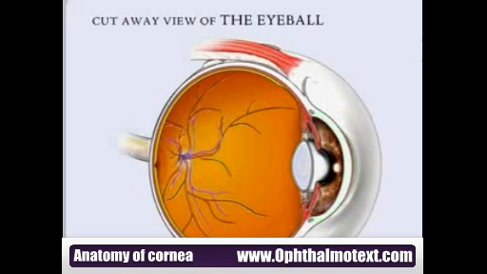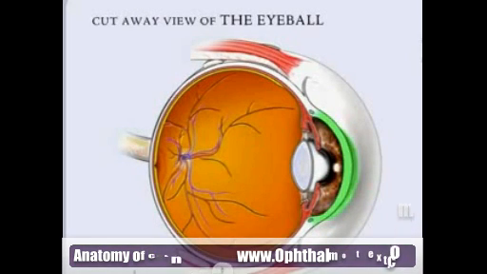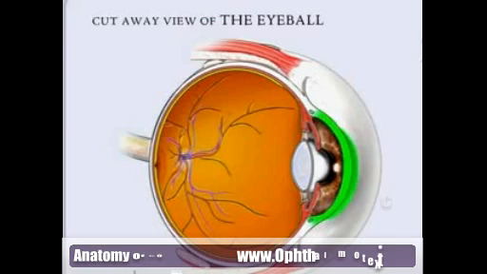Finally, let us discuss the refractive index, a very important MCQ which can be asked. The refractive index of the cornea is 1.376, a very important point to be noted. The cornea is very sensitive to pain, touch, pressure as well as cold, and the center of the cornea is more sensitive to pain, an important point to be noted.